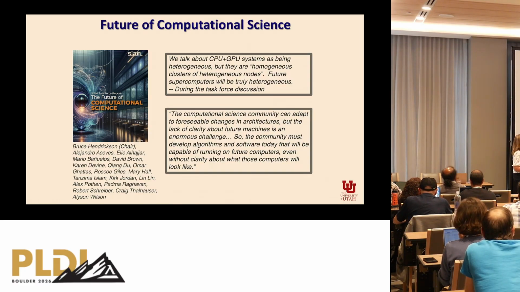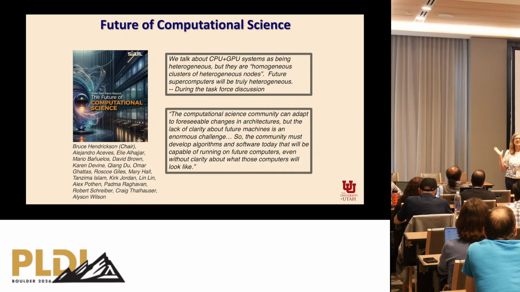And then the other thing, which was a quote during the task force discussion that really illuminated things for me. For all these years where we had a supercomputer with a CPU, and a GPU on each node, or a collection of GPUs on each node, we always called those heterogeneous systems. But how much work did we do on the CPU, right?